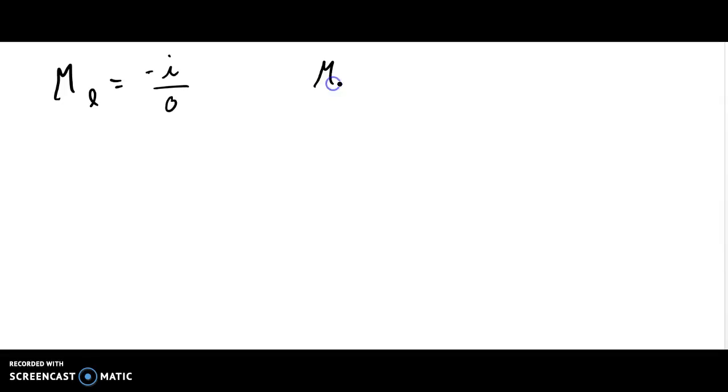You can also find the linear magnification by finding the height of the image divided by the height of the object. But we don't know the height of the image or the height of the object.